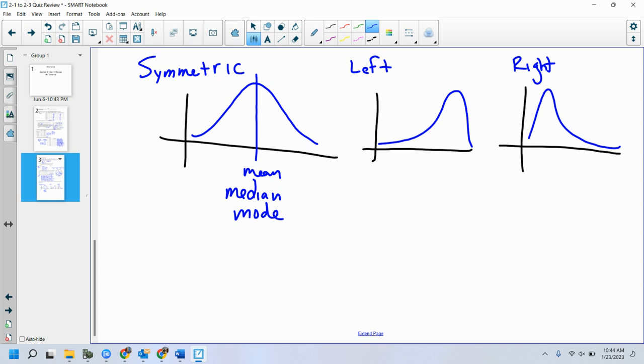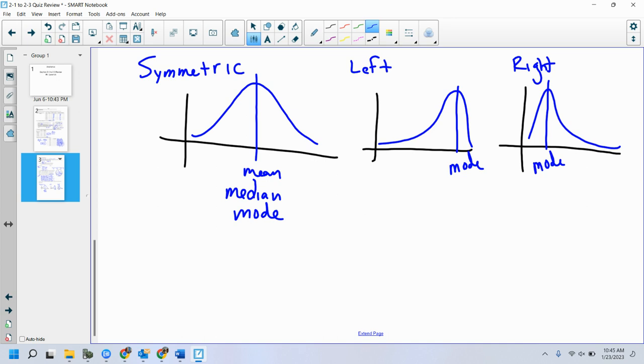Something like that. And not only be able to tell visually what it is, but also correctly place the mean, median, and mode. Remember, mode is always at the top, the most frequent thing. Now, the mean and median, you got to think about logically. The mean gets pulled by the outlier.